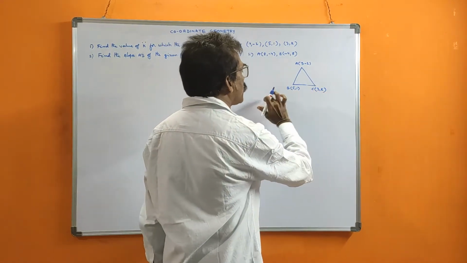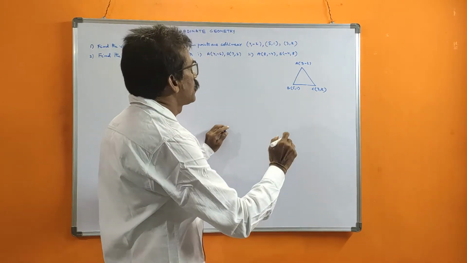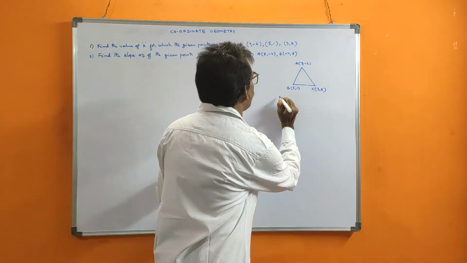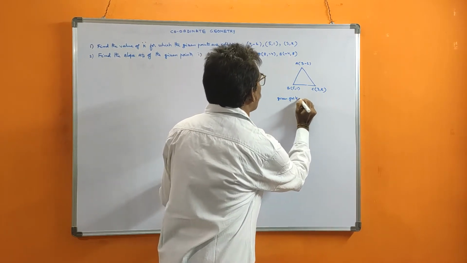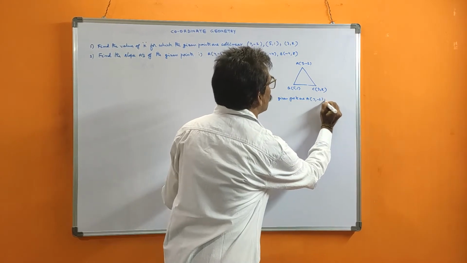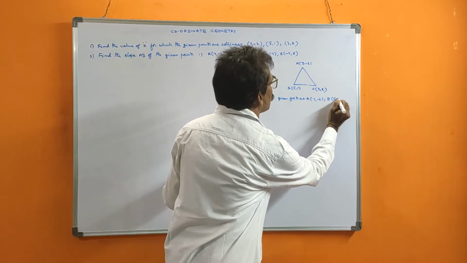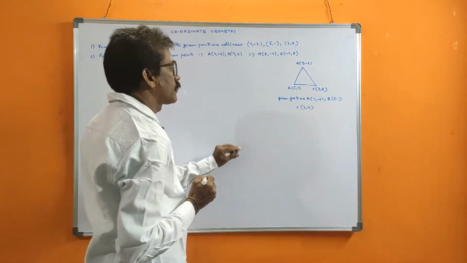For which value of k are these three on a straight line, on the line? That means collinear. Now, the given points are A (7, -2), B (5, 1), C (3, k).